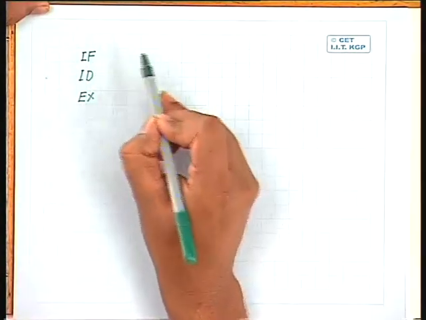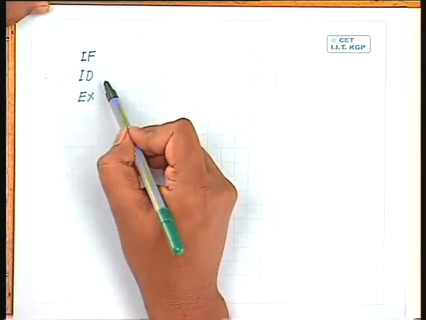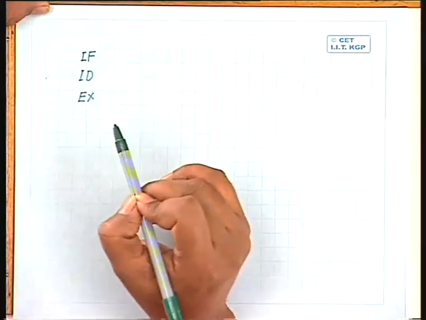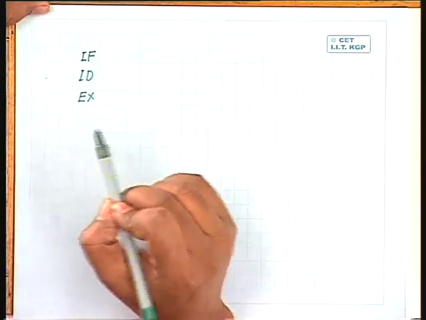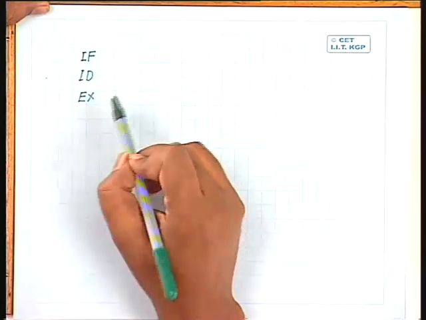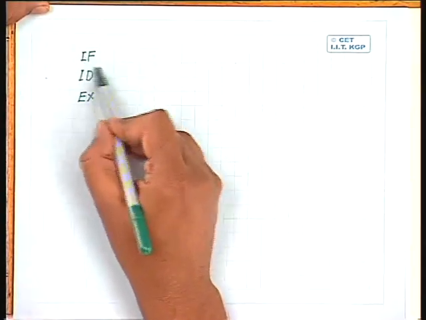Address bus, data bus, memory, control bus, all those things are needed optionally depending upon what instruction is going to be executed. If it is a memory read or memory write instruction, all those external buses, address bus, data bus, and memory, they will be used. If it is something within the CPU, say for example transferring data from one register to another register, in that case none of these external buses are needed.